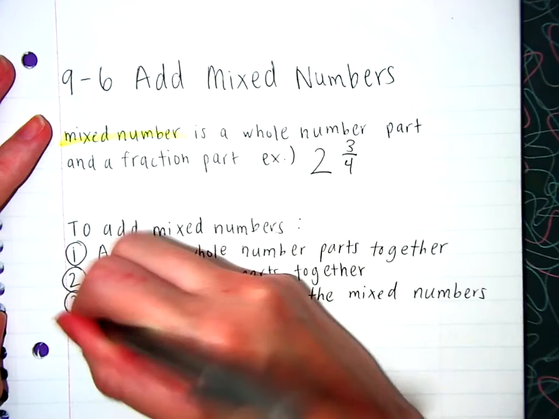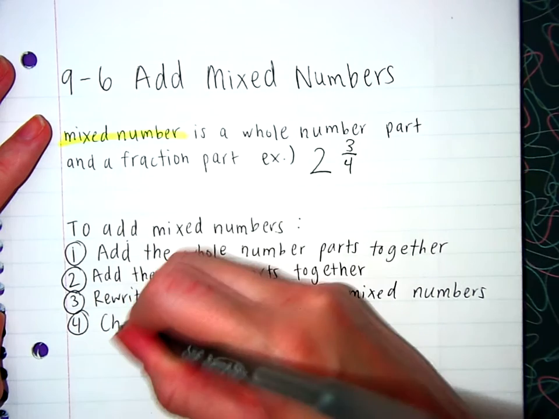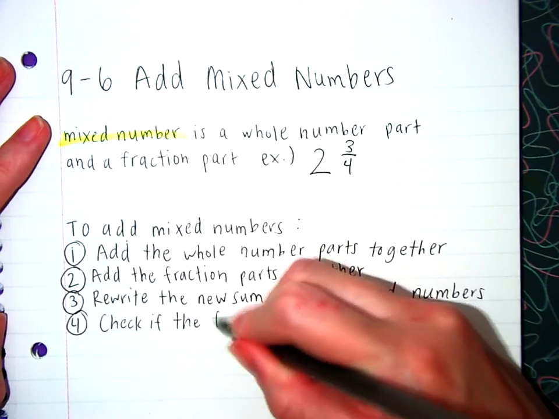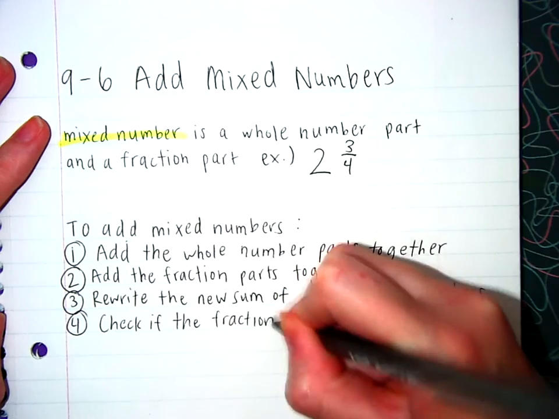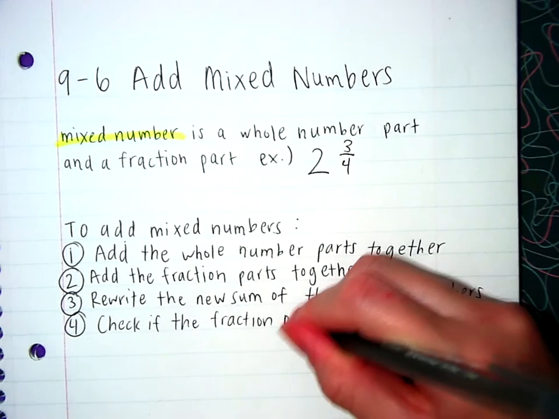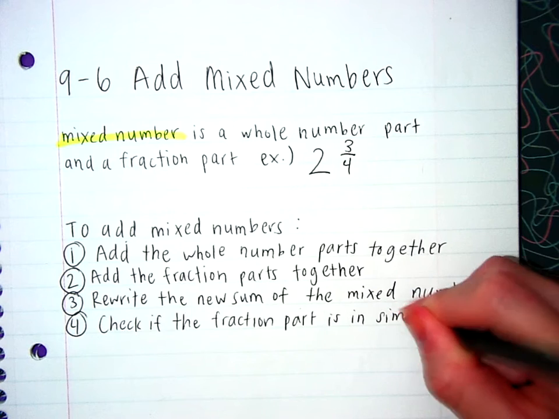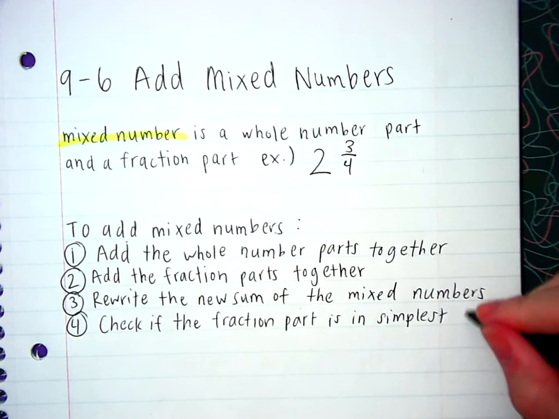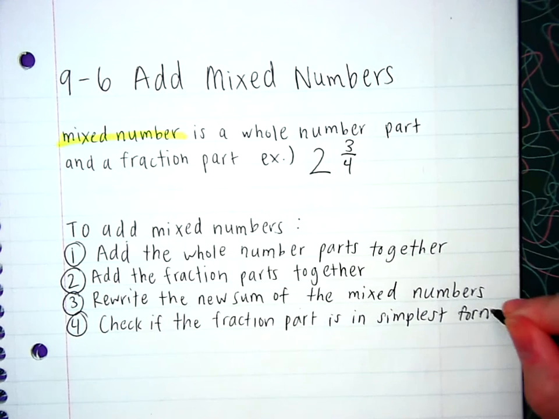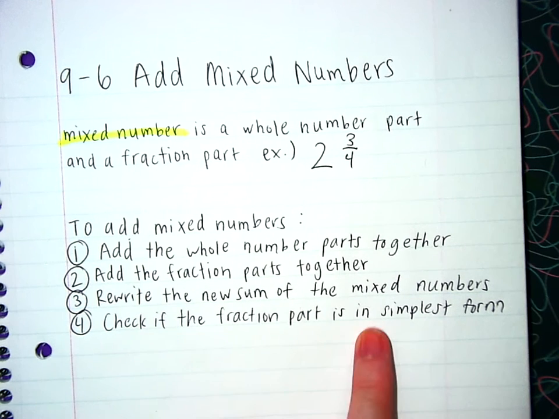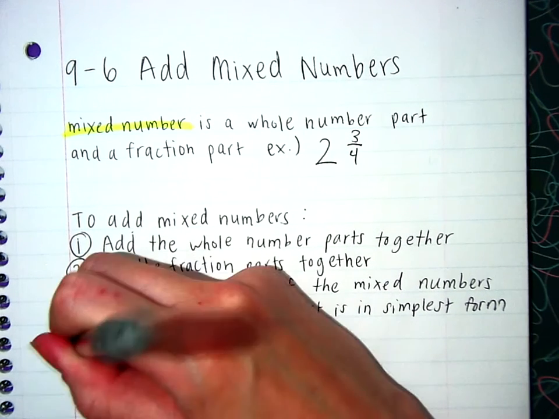Step 4, check if the fraction part is in, you guessed it, simplest form. It doesn't stop. Remember, everything you do with fractions must be in its simplest form. So check if the fraction part is in its simplest form.